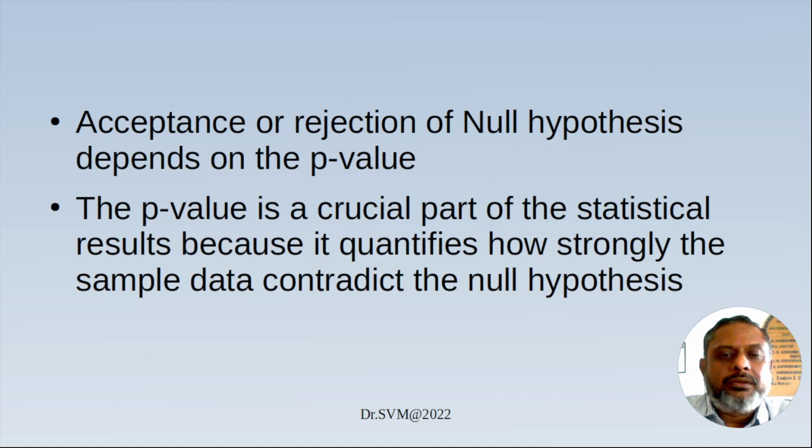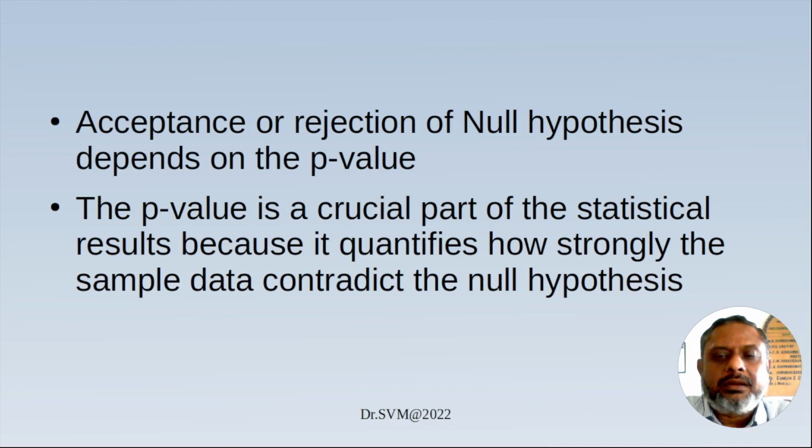So the p-value, if it is greater than some value, then we can't reject the null hypothesis. When the p-value is less than some decided value, then we can reject the null hypothesis. So rejecting null hypothesis definitely does not mean that null hypothesis is wrong.